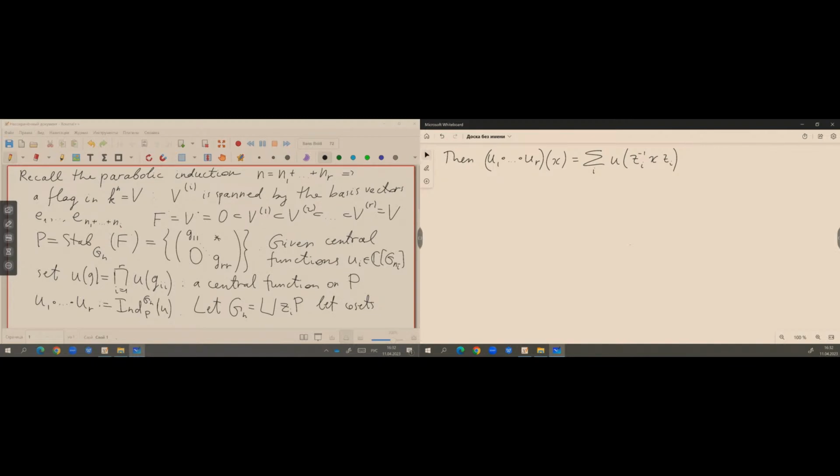Well, meaning that if you get out of the parabolic subgroup, then it's zero. Yeah. So u is supported on the parabolic subgroup.